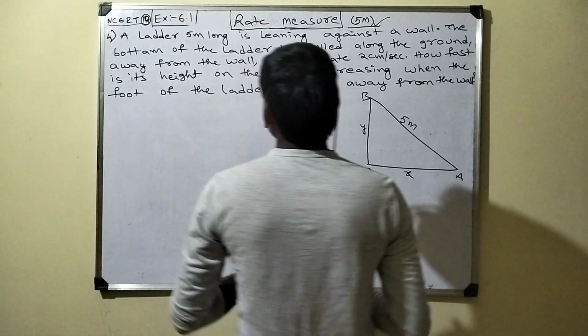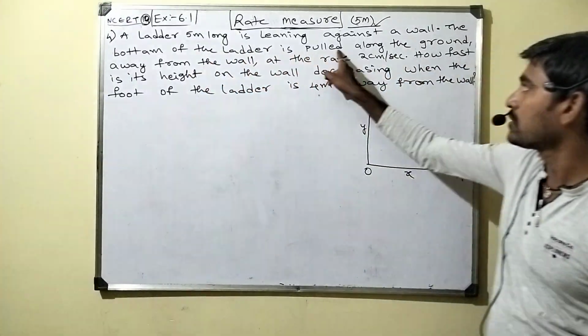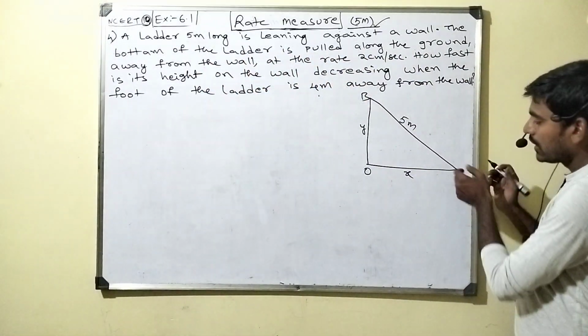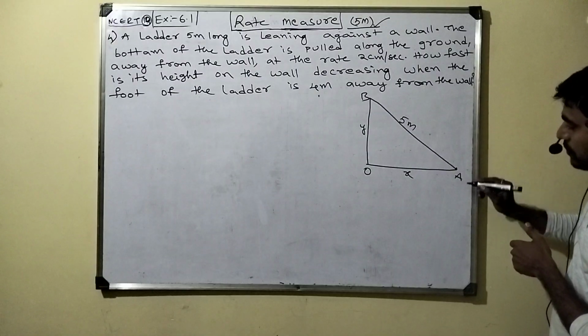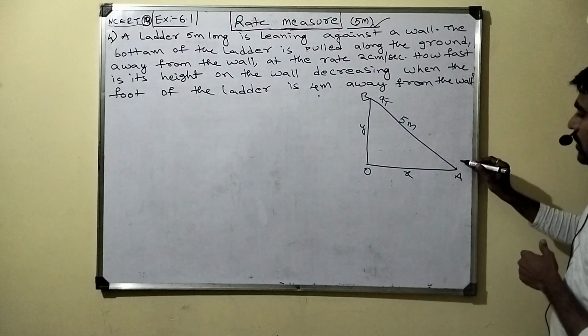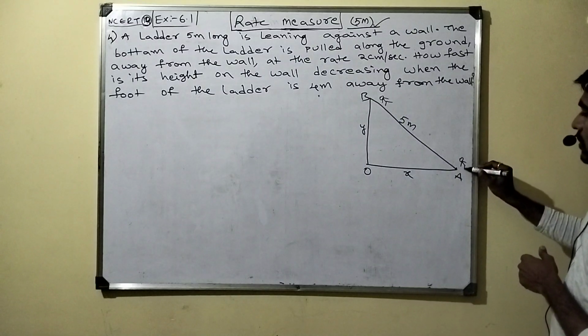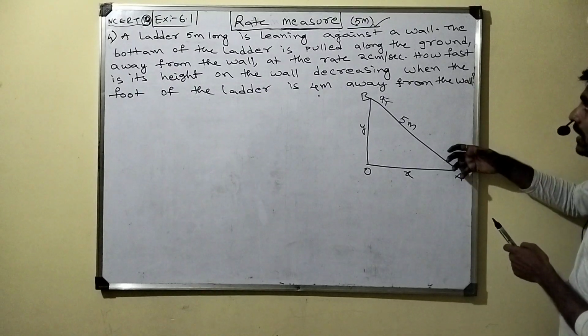Now read properly. The bottom of the ladder is pulled along the ground. Suppose a person is standing here, another person is standing here. This person is going to pull the ladder.